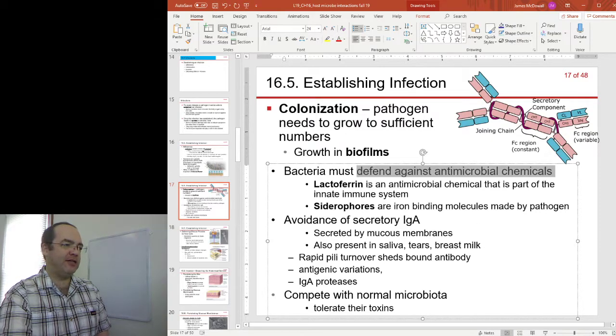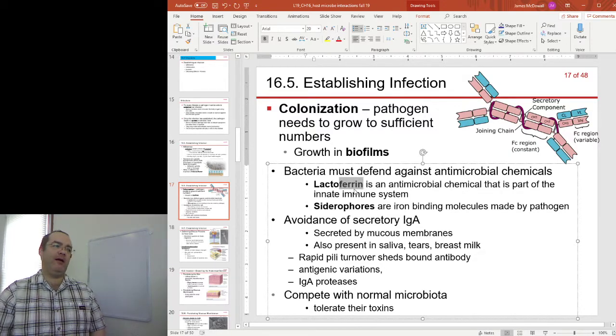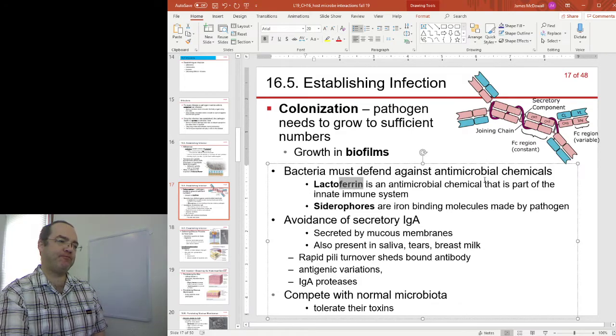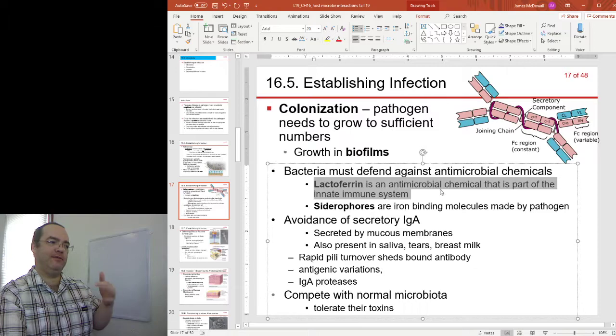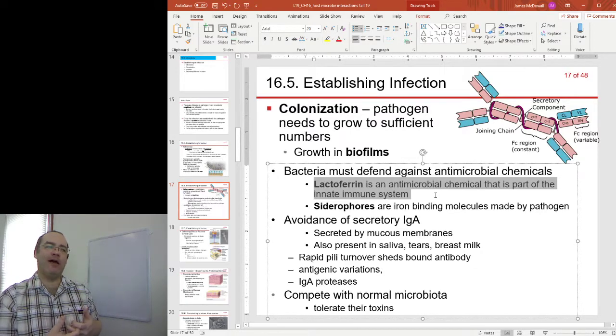If you cast your mind back, you may remember this chemical called lactoferrin, and the ferrin part tells you that it's dealing with iron. Lactoferrin locks up iron and doesn't allow the microbe access.